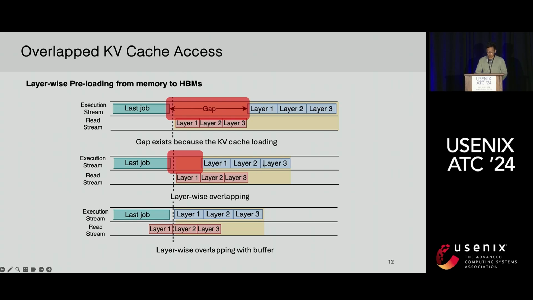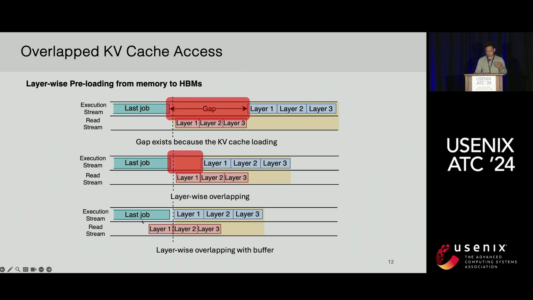And by doing this, most of the KV cache loading and the computation can be overlapped, but there will still be a small gap. So to fill this gap, we can use a small HBM buffer to prefetch the KV cache.